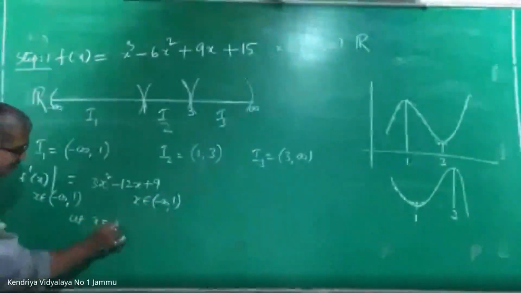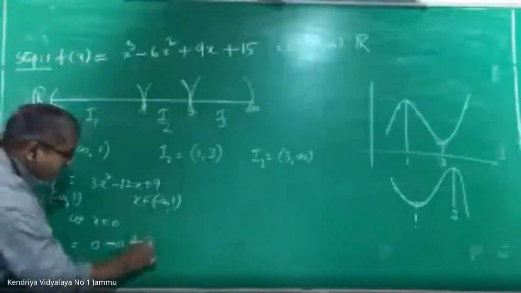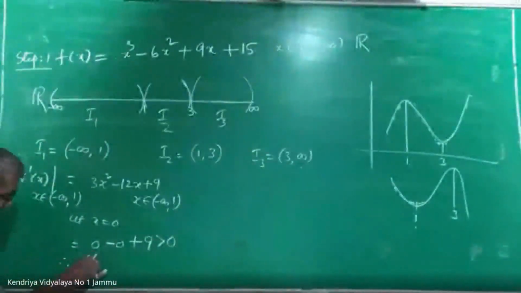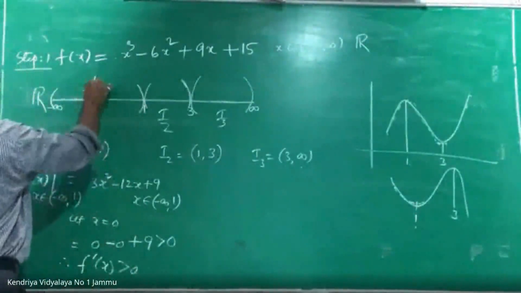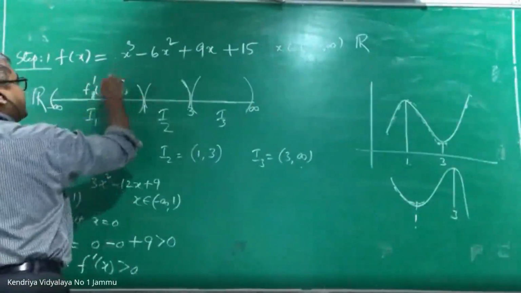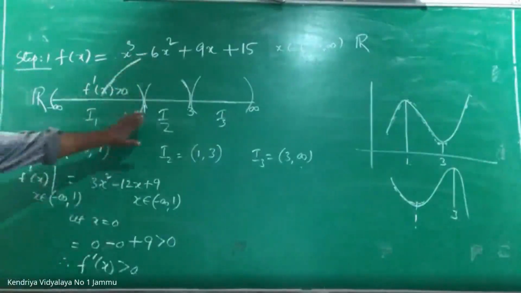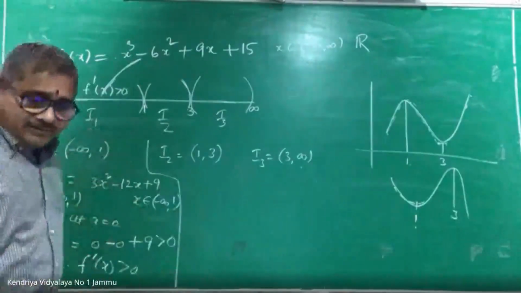Let x is equal to 0, this makes 0 minus 0 plus 9. It is greater than 0. Therefore, f dash x is greater than 0. Excellent. It is increasing. Now I have to identify whether in I2 the function reduces or it doesn't reduce. Let me check.